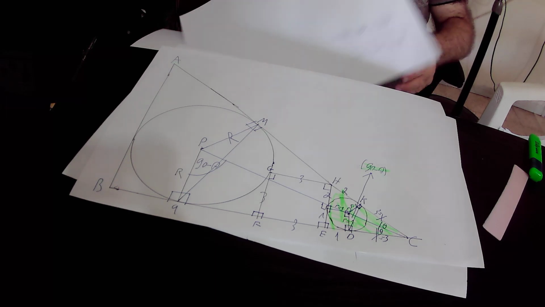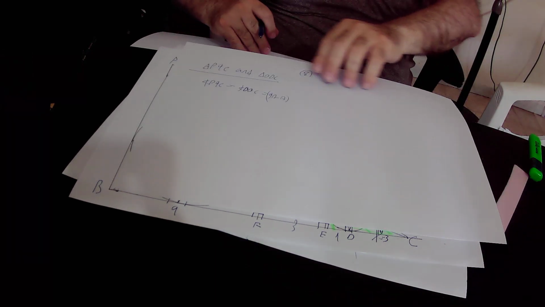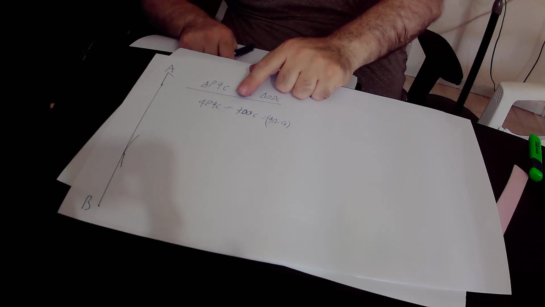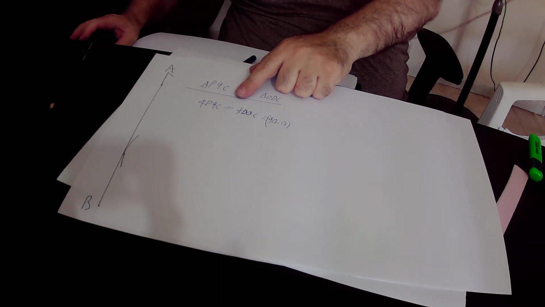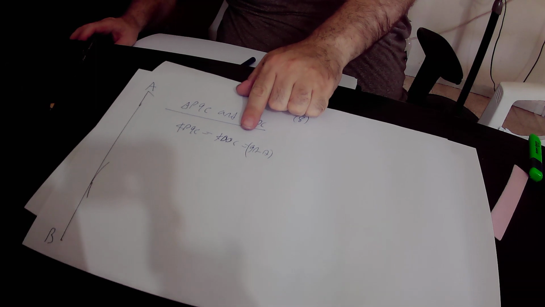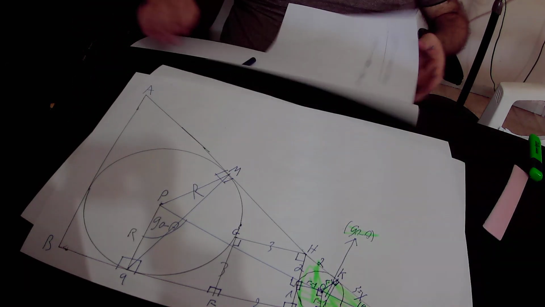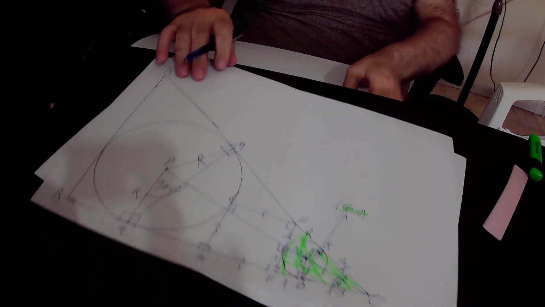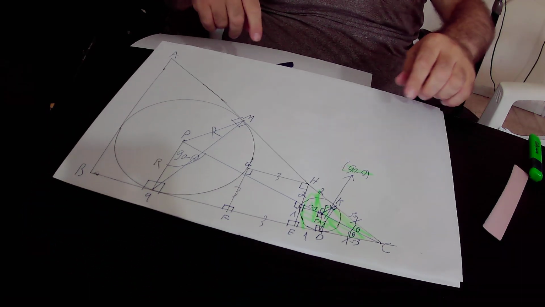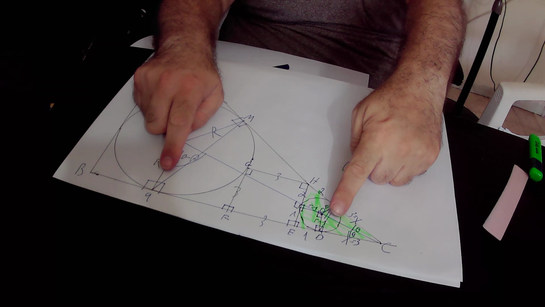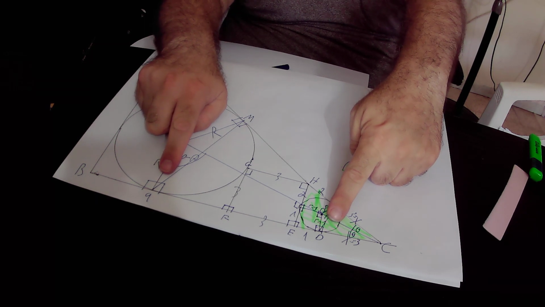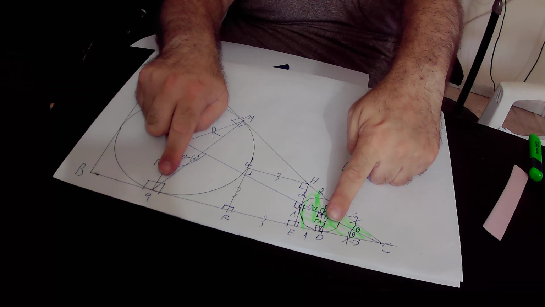I repeat again, angle PQC is equal to angle DOC, they are both equal to 90 degrees minus theta, therefore they are equal to each other. In addition, we have those two angles that are both equal to 90 degrees, therefore they are equal to each other.